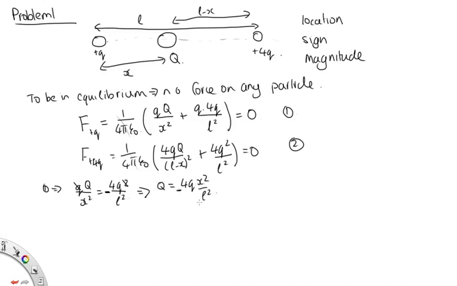We know that q is positive. x squared, L squared and 4 are all positive because they're all squares, so we know that the sign is negative. It must have a negative sign.